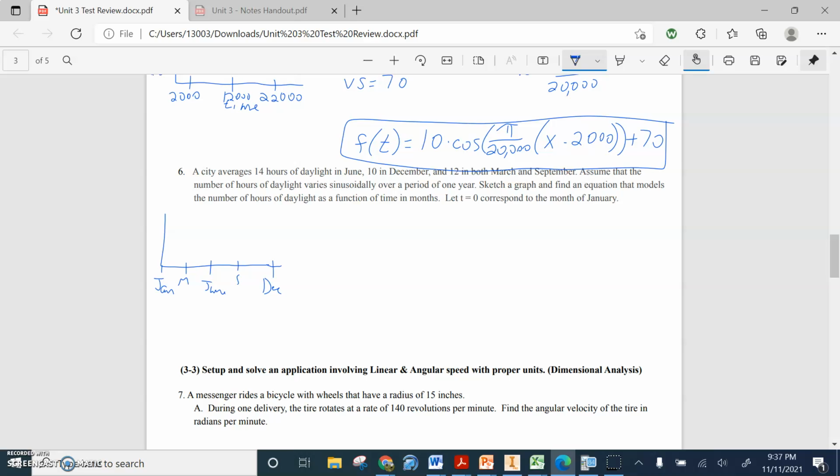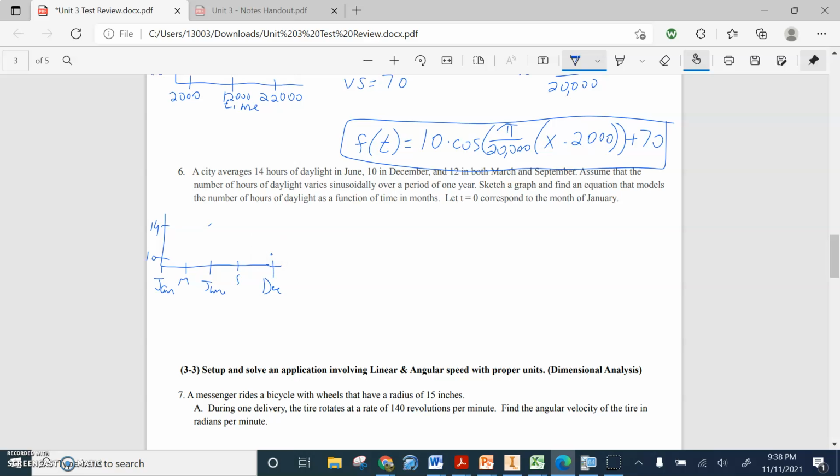So active times, city averages 14 hours in June. So here's June. We have that peak of 14. There it is. They have 14 in June, 10 in December. So I know my valley down here is 10. And there it is.